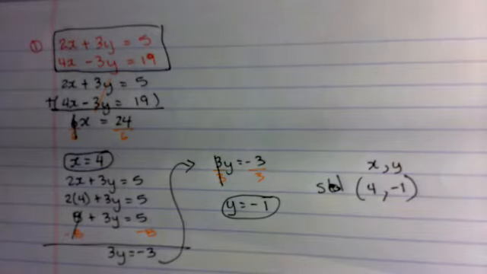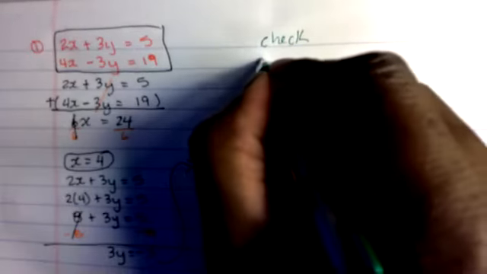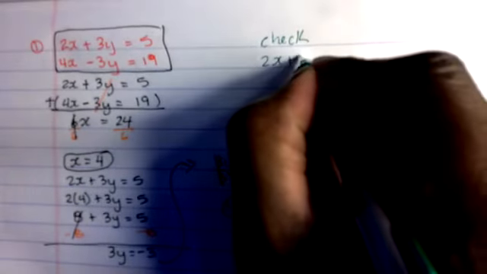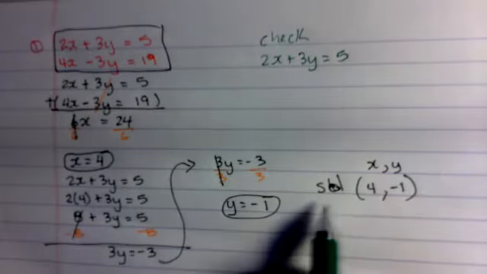All right. And now I can check to make sure that my answer is correct. So what I'm going to do is I'm going to go back here and I'm going to say check. So I'm going to take one equation from the original, which is 2x plus 3y is equal to 5. And wherever I see x and y, I'm going to put in these values.